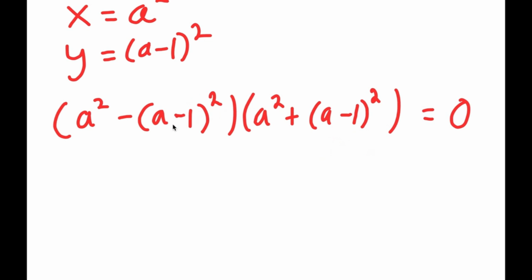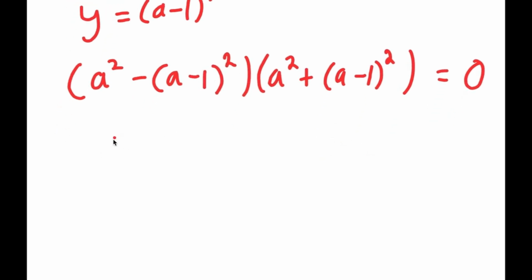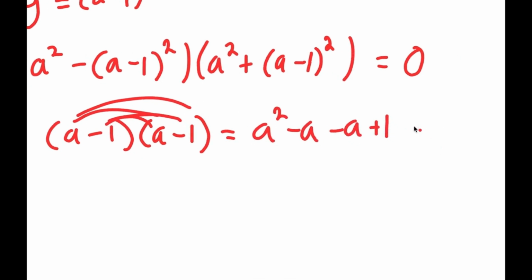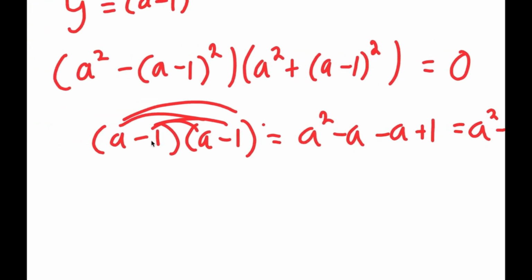Now, we're going to go ahead and expand (a minus 1) squared. So (a minus 1) squared is the same thing as (a minus 1) times (a minus 1), which is equal to, I can distribute the a squared minus a. Now if I distribute the negative 1, minus a plus 1, which is equal to a squared minus 2a plus 1.